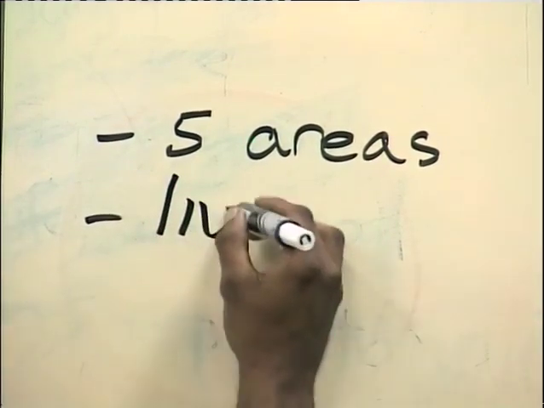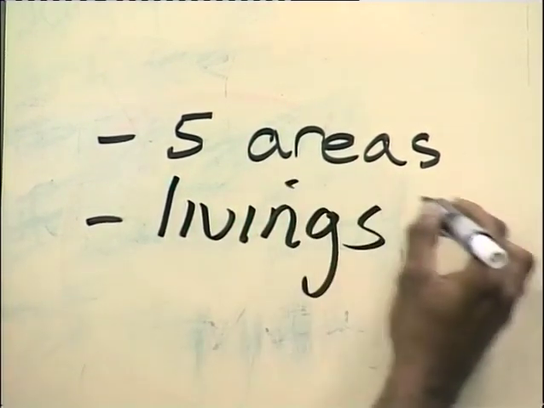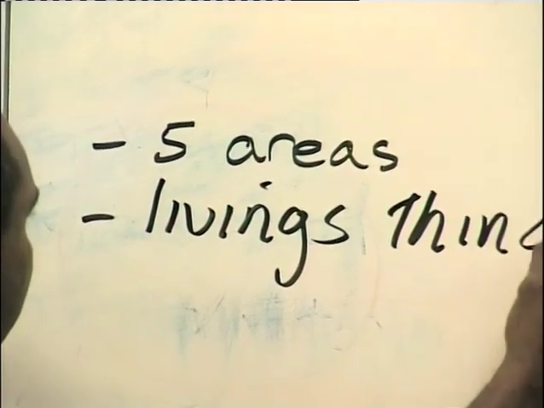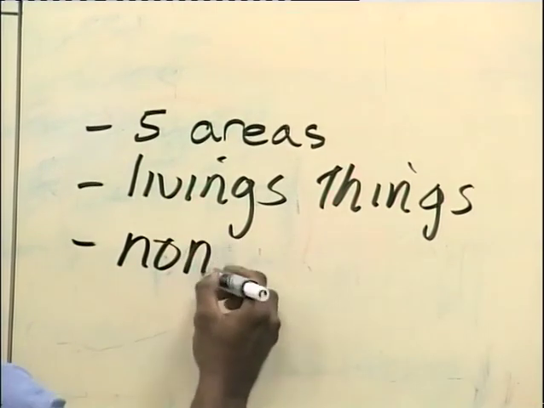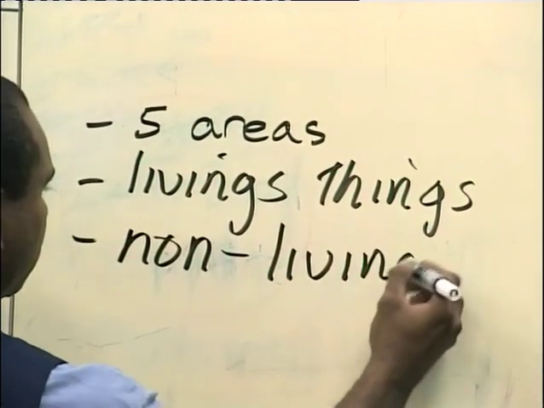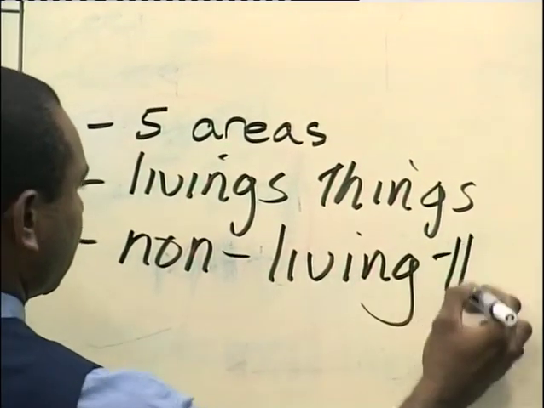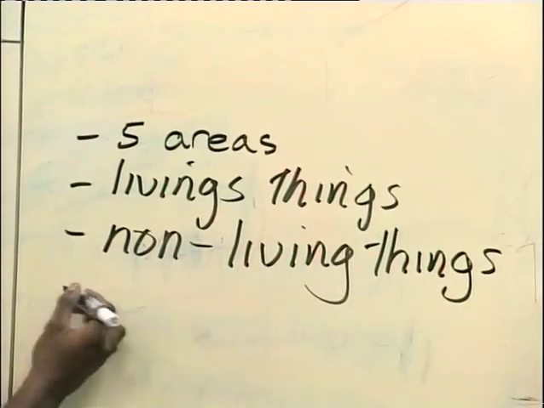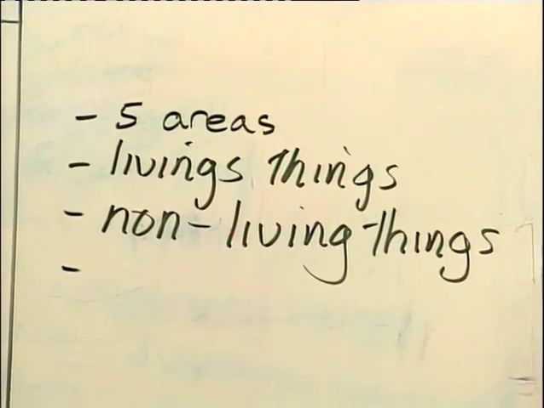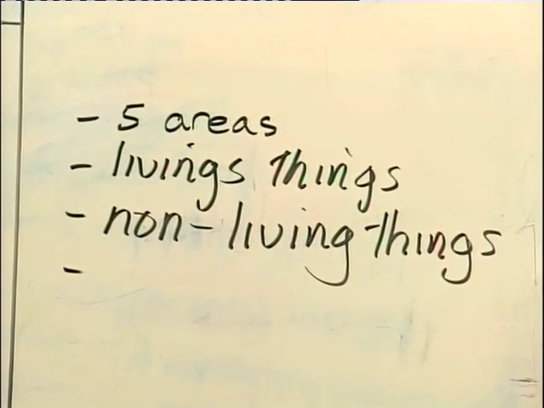We saw that there were living things. Non-living things. What else, apart from that? Types of plants.